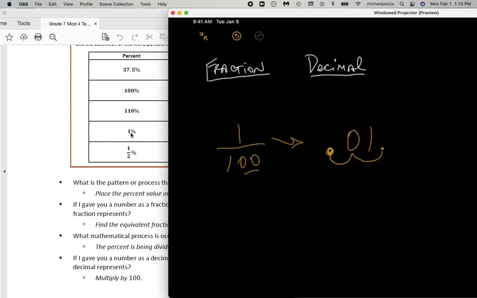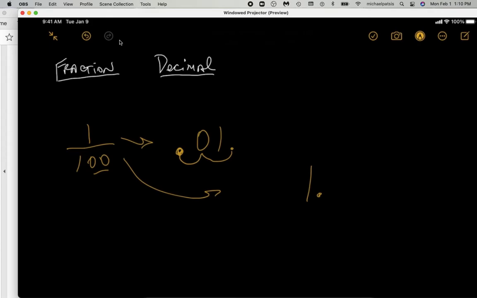Now, one thing I like to do when I'm in a situation like this, where I have 1 and a point, and I know I'm going to move 2 places, I put my zeros in first, like this. So this way, when I move the 2 places to the left, I don't get lost.